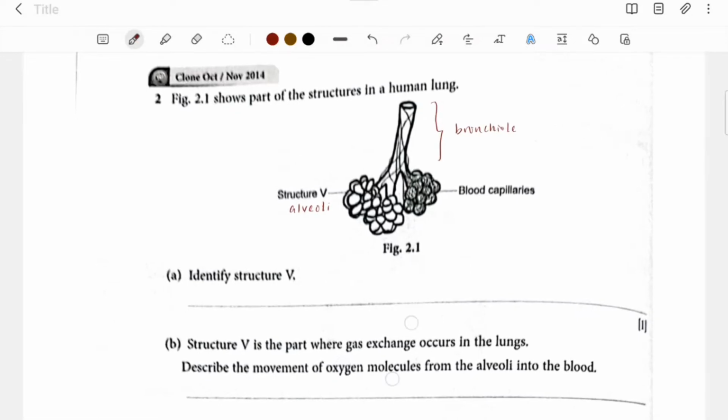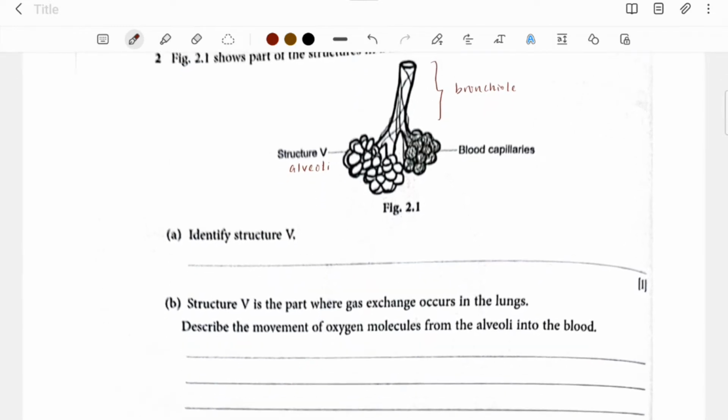Okay, identify structure V. You see the structure questions, if they give you a diagram lah, they will usually ask you to name one of the structures in the diagram. So you have to really know all the structures, the names of the structures and the functions of the structures for the diagrams for bio.